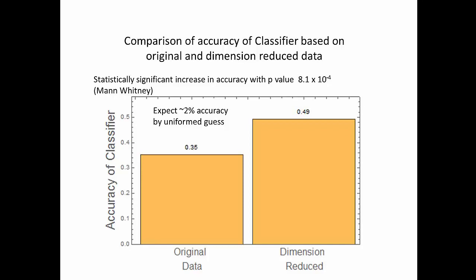I'm curious to go back to this feature selection question. If you attempt to do feature selection, can you improve your accuracy? Did you try that in both cases? I didn't try that. It's possible.